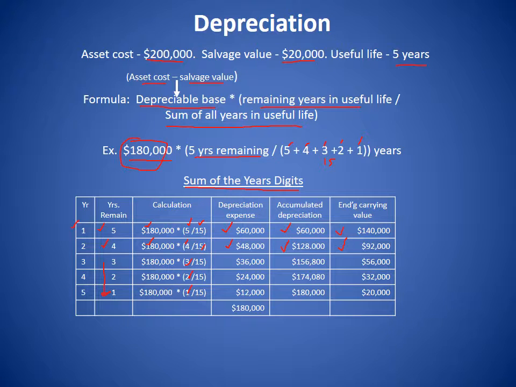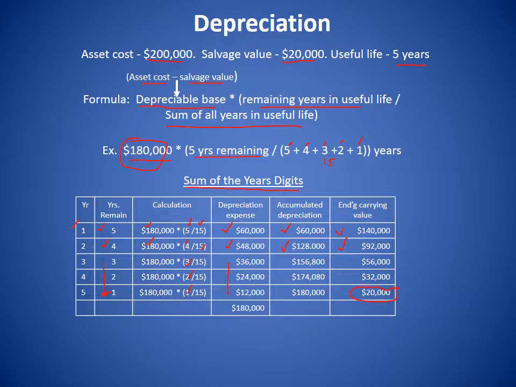You can see the depreciation expense change with every year, and the accumulated depreciation will correspondingly increase, and the ending carrying value would decrease. The ending carrying value at the end of the economic useful life of that asset under sum of the year's digits would be equal to $20,000, which is a $200,000 asset cost less the accumulated depreciation.